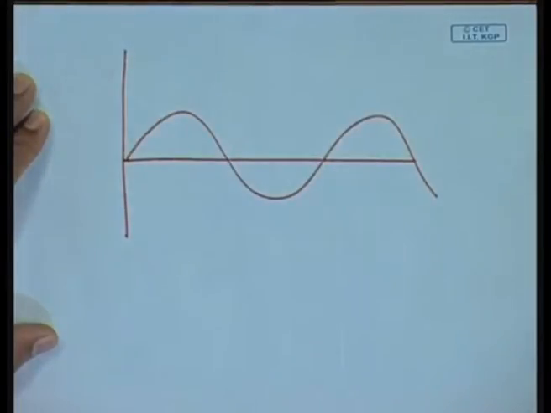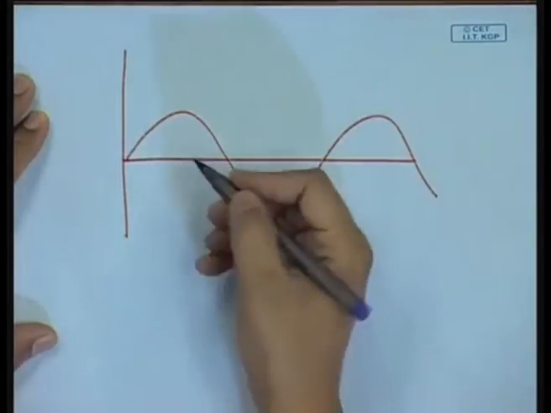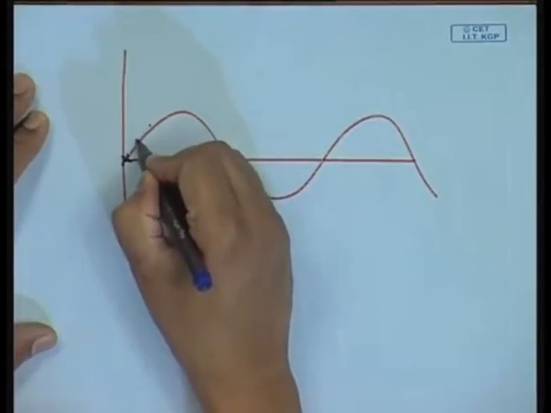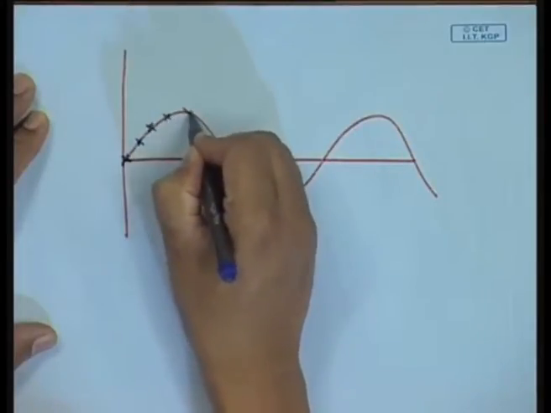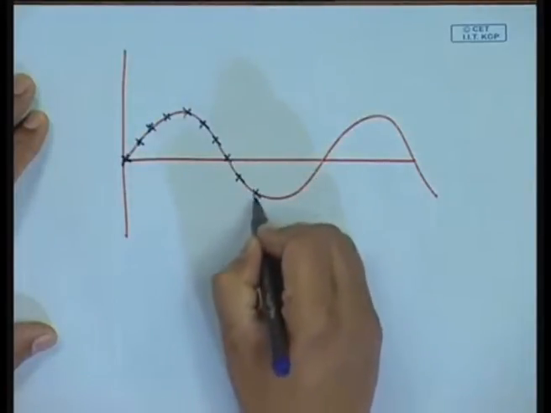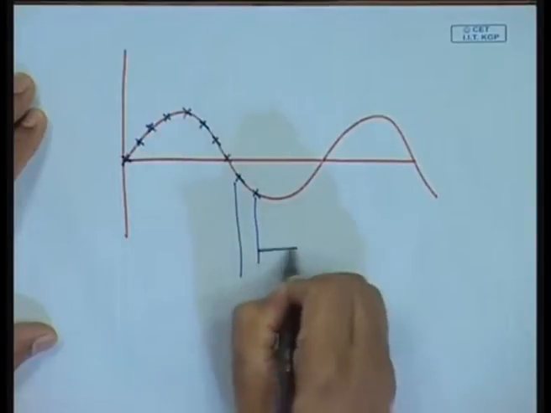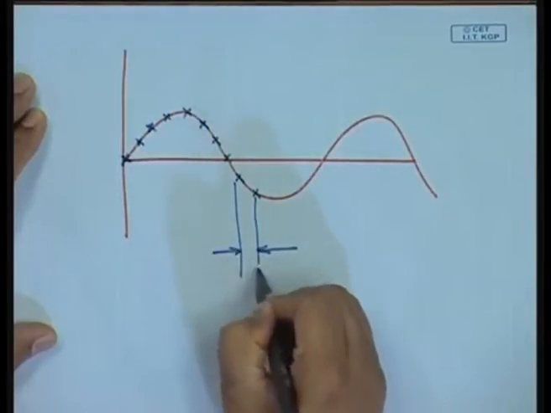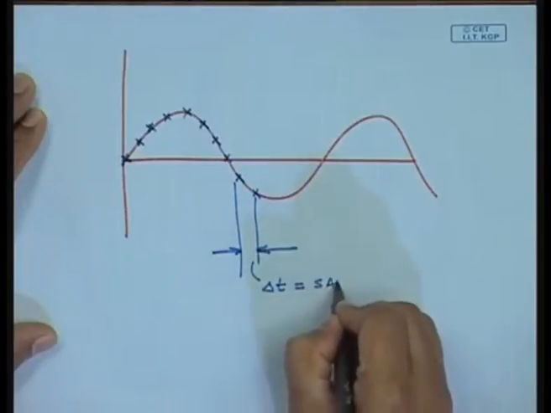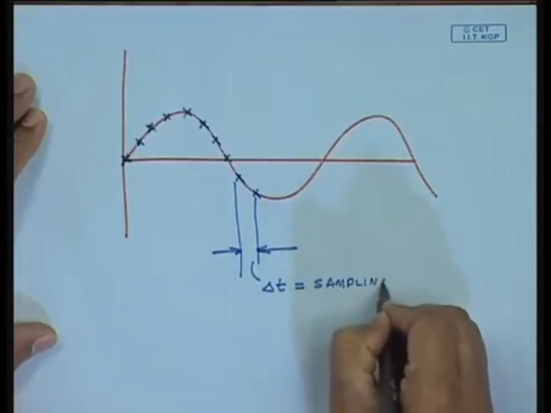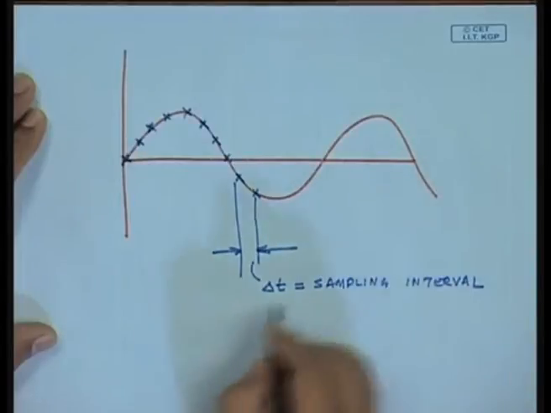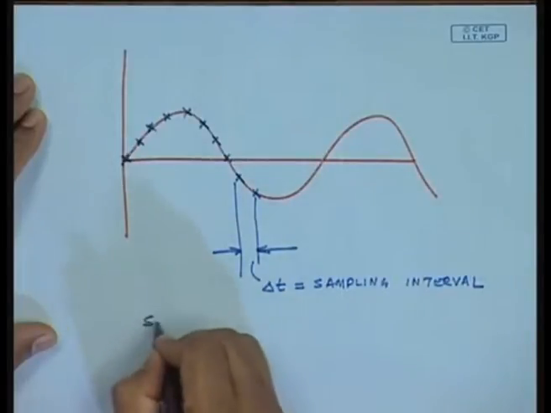Suppose I take my signal and sample it once here, once here, and so on, where this interval is fixed, and this is denoted by delta t, and this is known as the sampling interval. The inverse of the sampling interval is known as the sampling frequency.